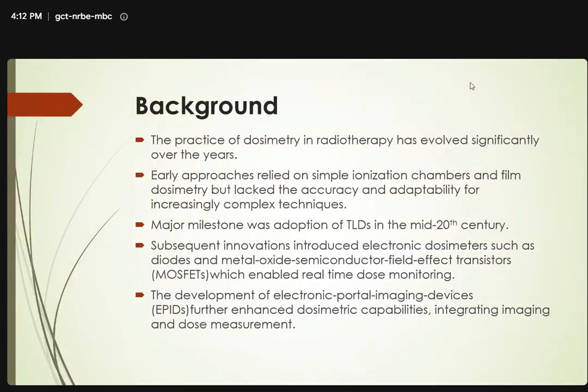A major milestone was the adoption of thermoluminescent dosimeters (TLDs) in the mid 20th century, and subsequent innovations introduced electronic dosimeters such as diodes and metal oxide semiconductor field effect transistors, MOSFETs, which enabled real-time or near real-time dose monitoring.